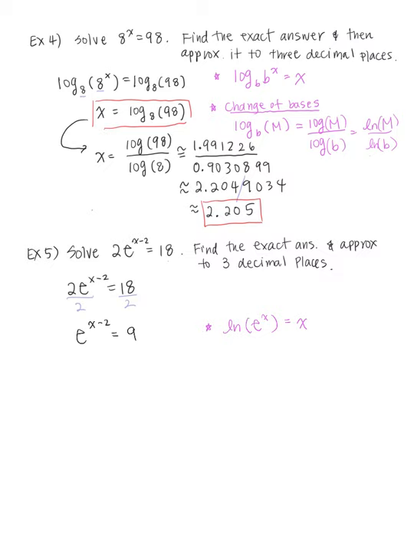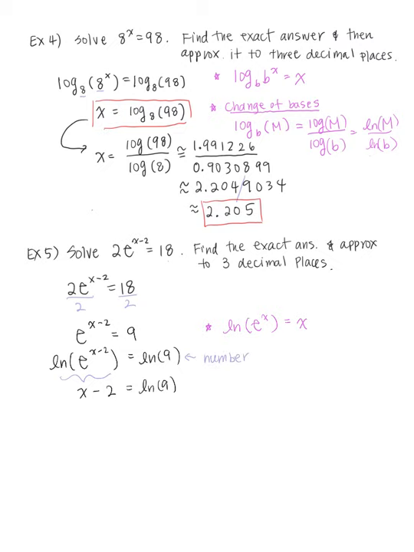If I compose both sides with ln, I'm going to have ln of e to the x minus 2 equals ln of 9. By the property that we learned earlier, this just becomes x minus 2 equals ln of 9. Now remember that ln of 9 is just a number, some decimal value, so don't freak out.